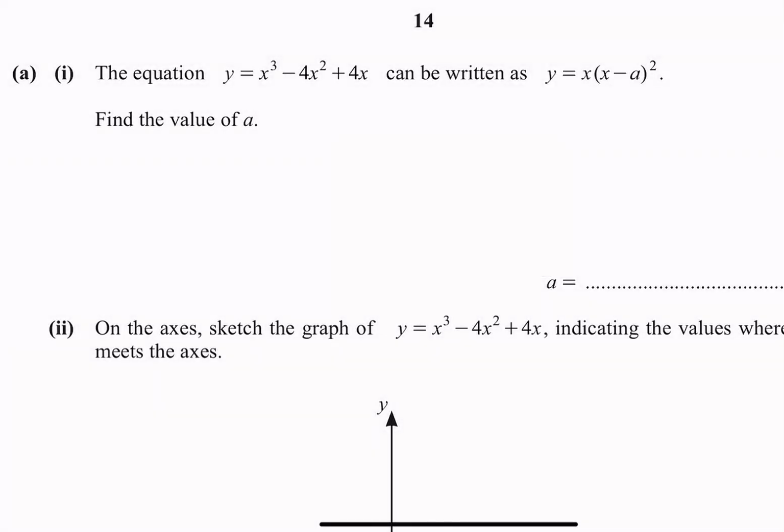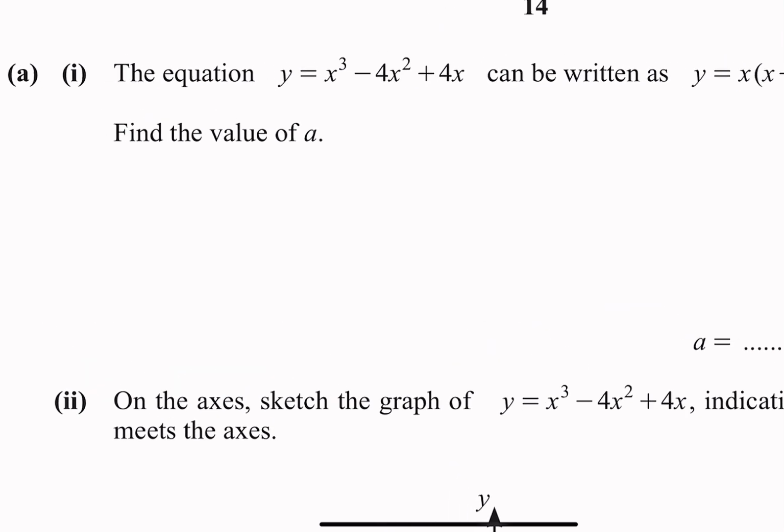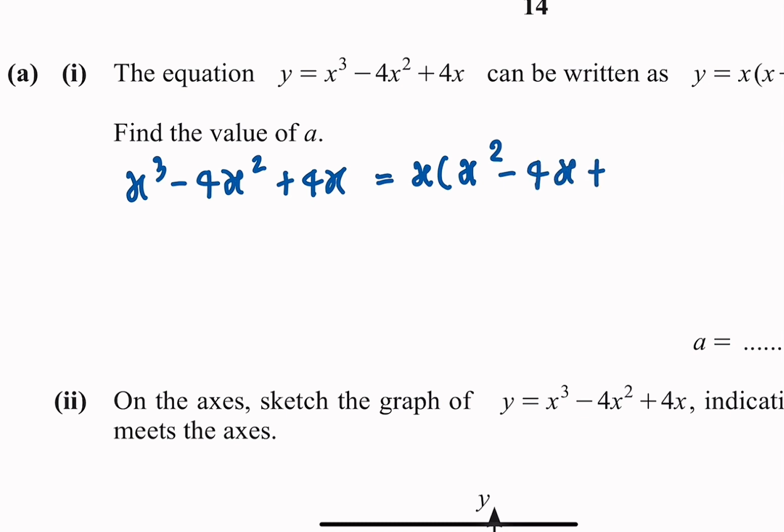Question 9. The equation y equals x cubed minus 4x squared plus 4x can be written as y equals x multiplied by (x minus a) squared. Find the value of a. Therefore, x cubed minus 4x squared plus 4x is equal to x multiplied by (x squared minus 4x plus 4).